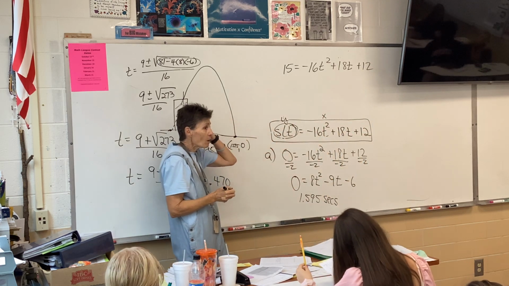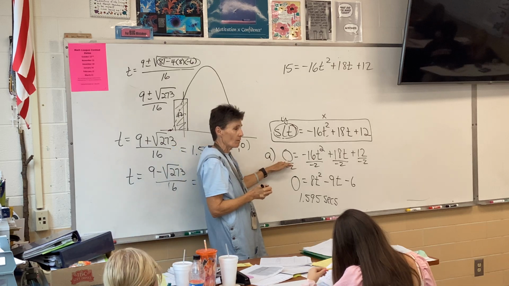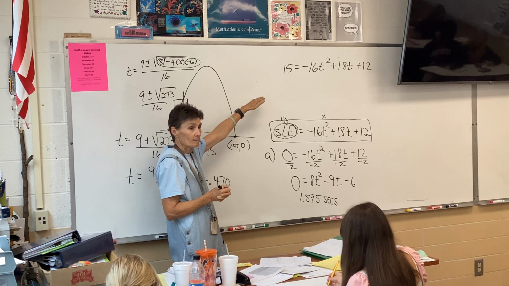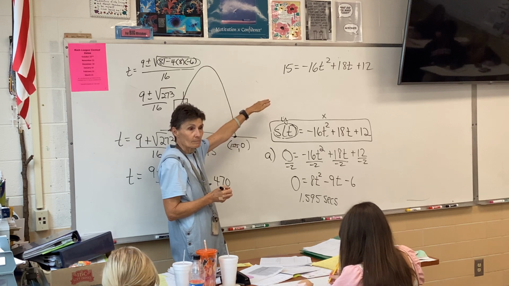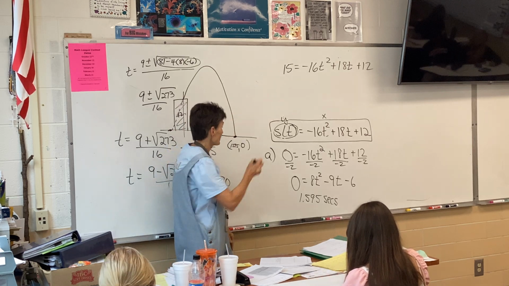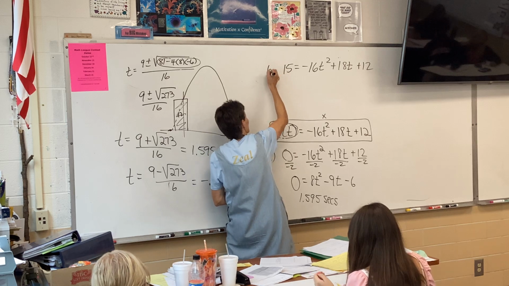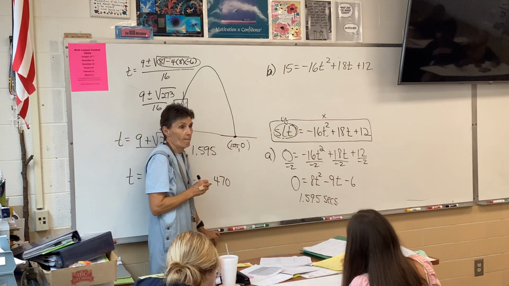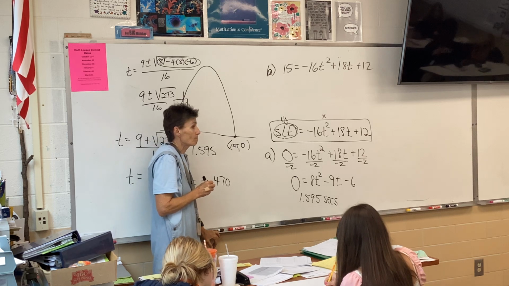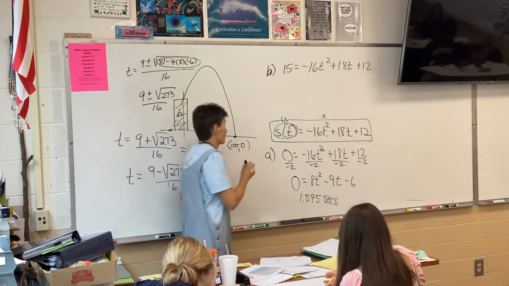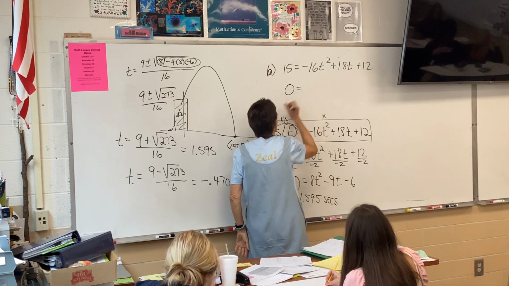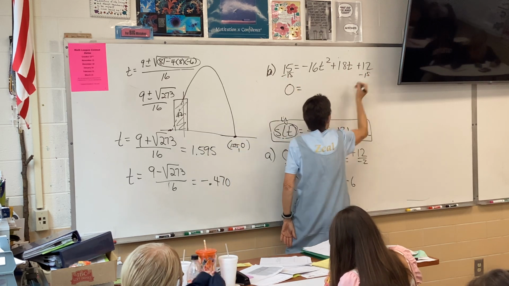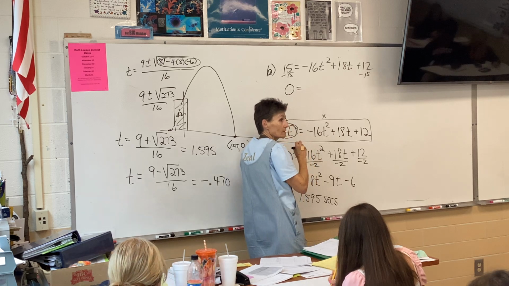When the ball was on the ground, the height was 0. Now the height is 15. Okay, so this is question B. So where do I go from here? Subtract. I could get my equation set equal to 0 by subtracting 15 from both sides.